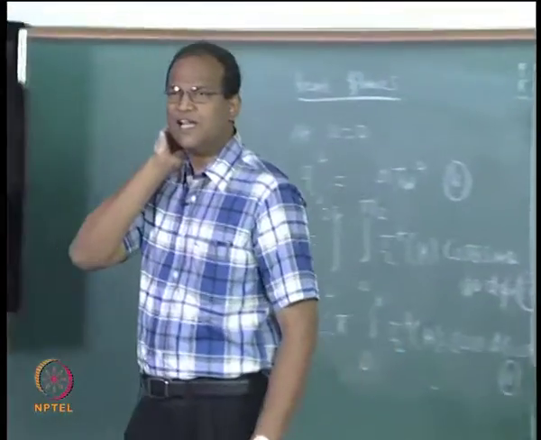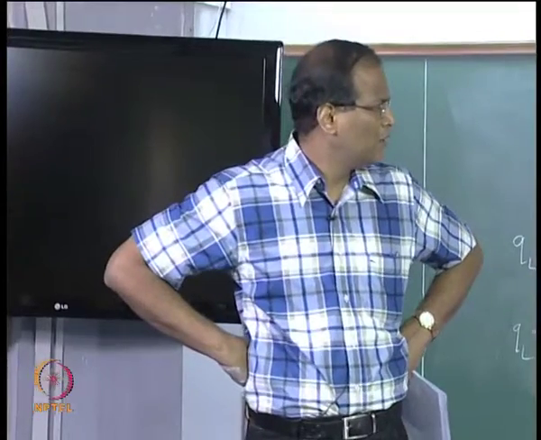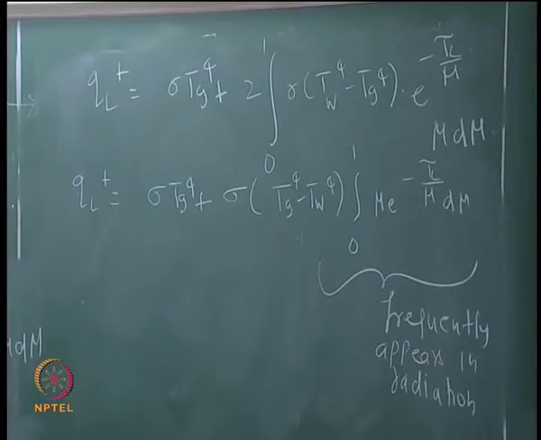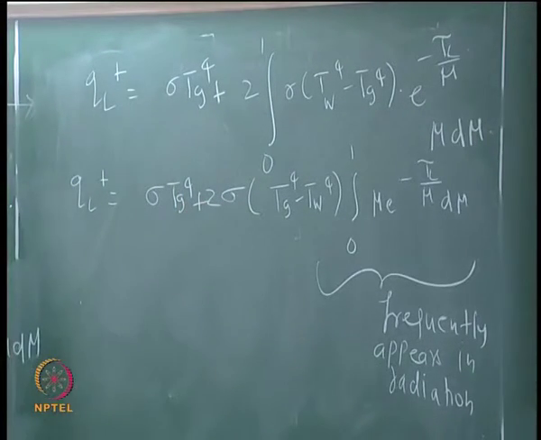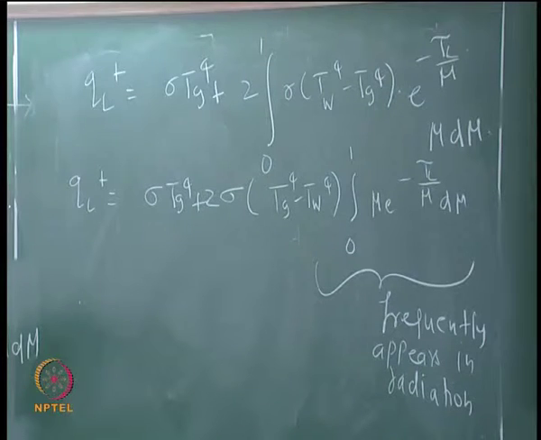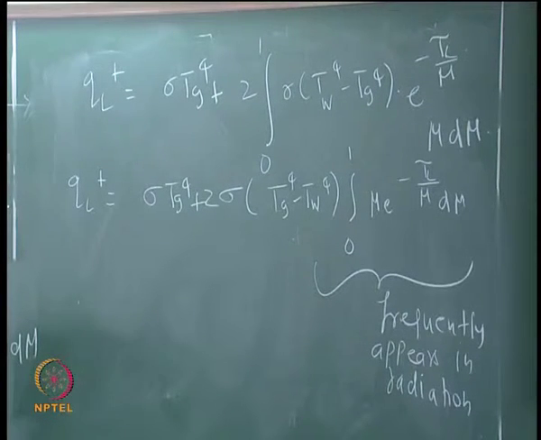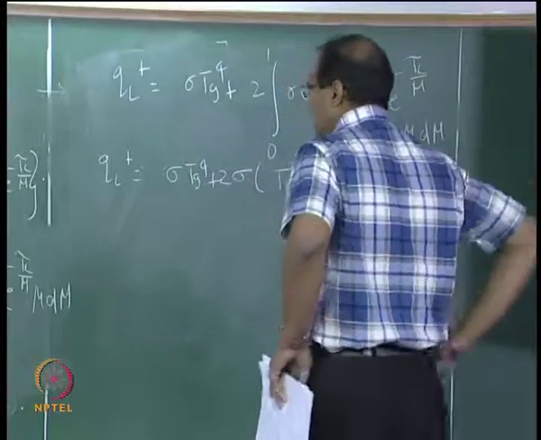It is known as the exponential integral of order 3. Huh? Yeah, there is. Is that correct? What is minus? Huh? TW minus TG, is it? Yes, sir. No. Oh. Yeah. I don't want to write what I don't believe in.